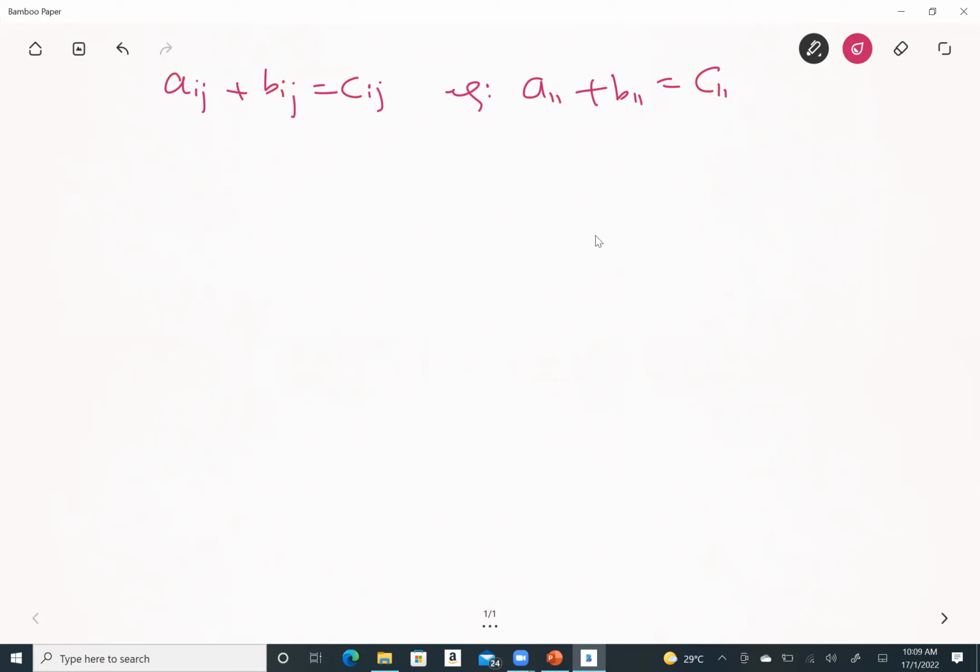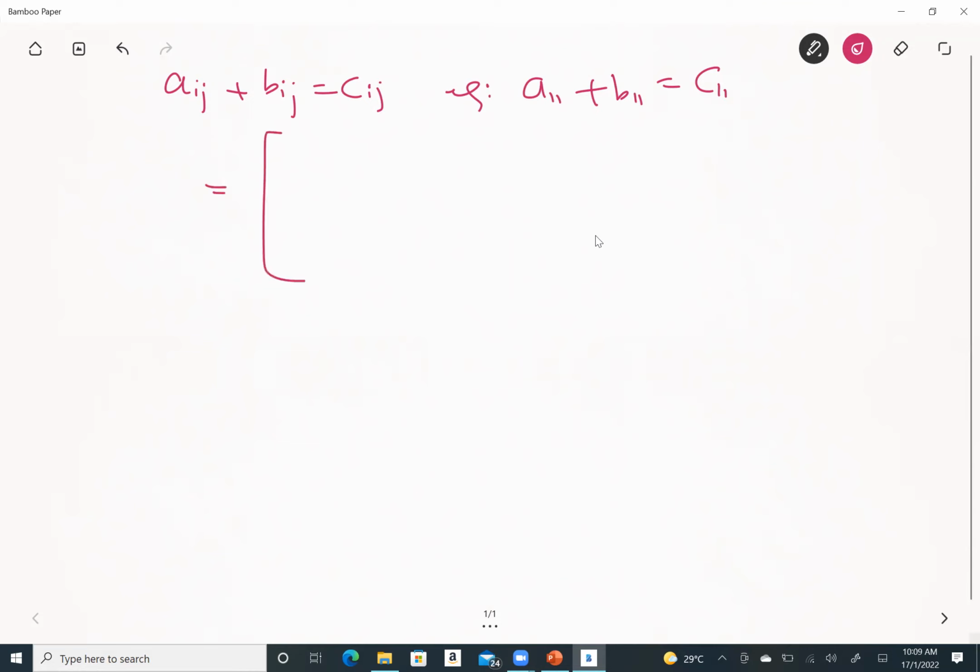Okay, so you have this principle. I have Aij plus Bij equal to Cij. Example, if you look at the two general form, you have A11 plus B11 equal to C11. So that matrix C, you can continue.